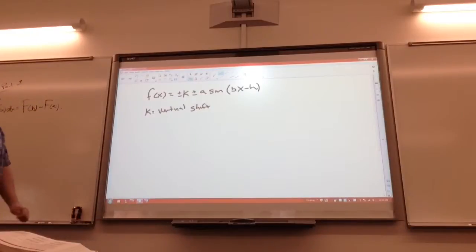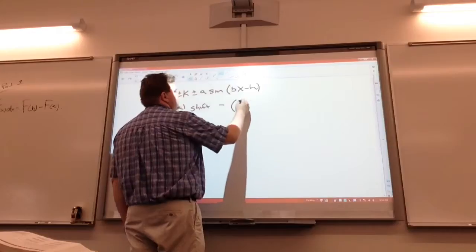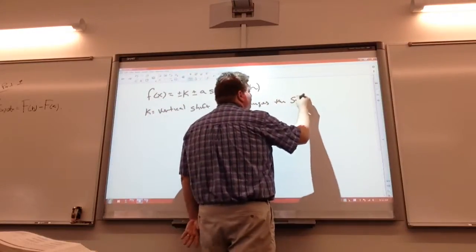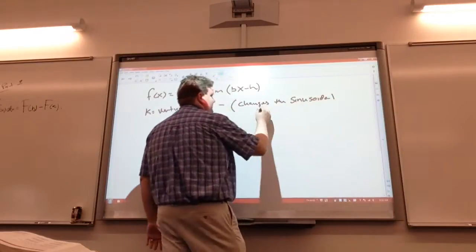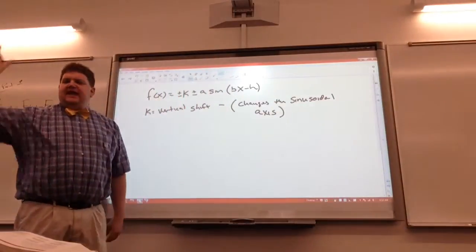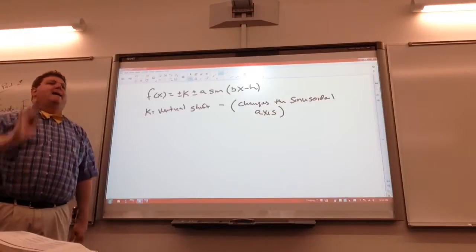So vertical shift, and the proper term for it is that it changes the sinusoidal axis. Sinusoidal axis is the line, if you will, that the wave function waves around.